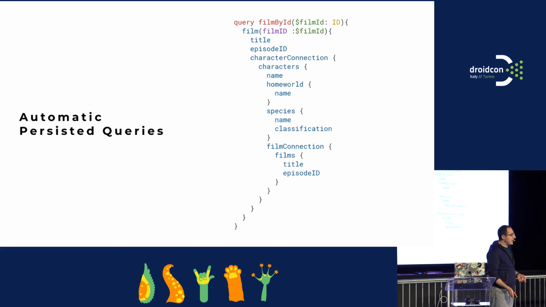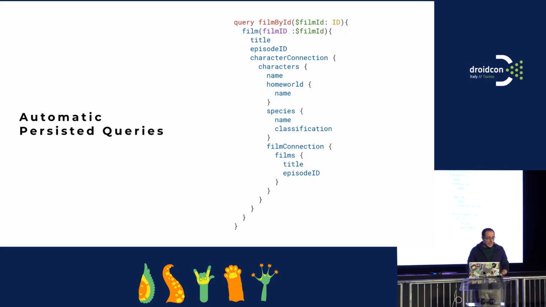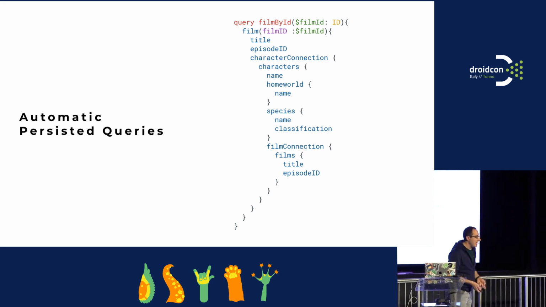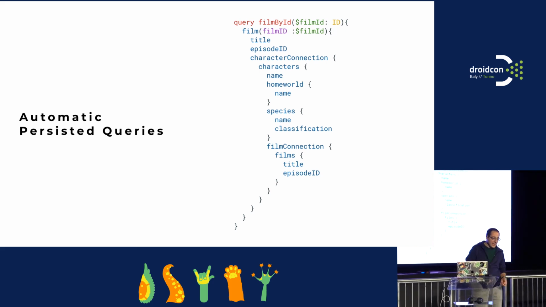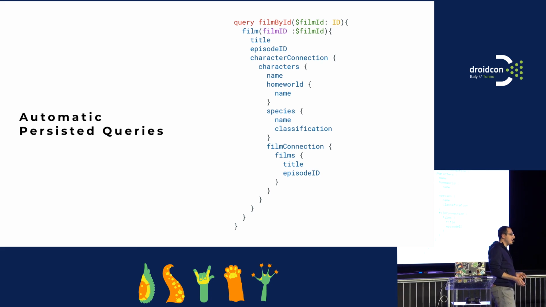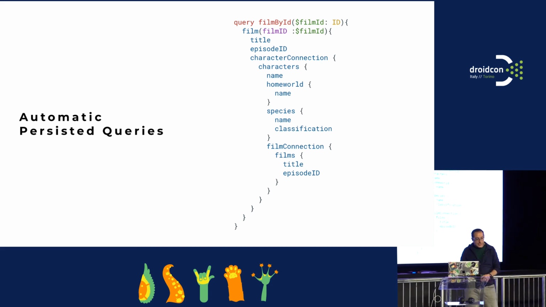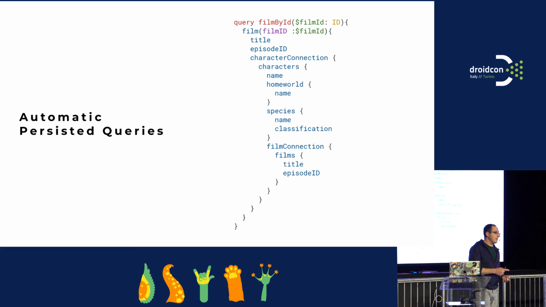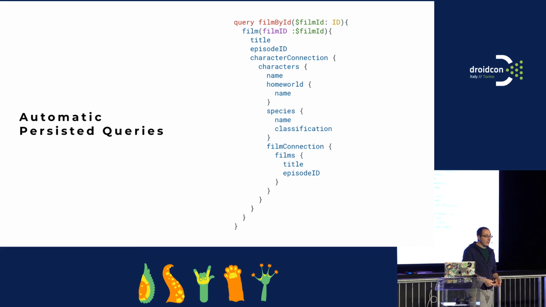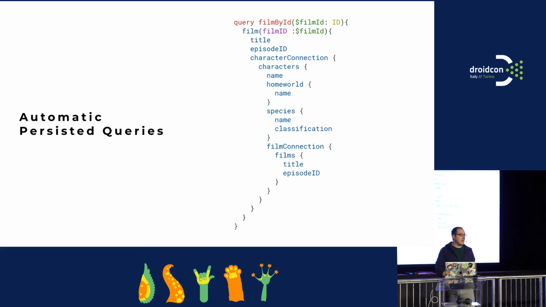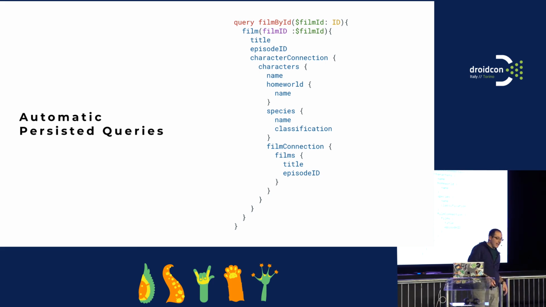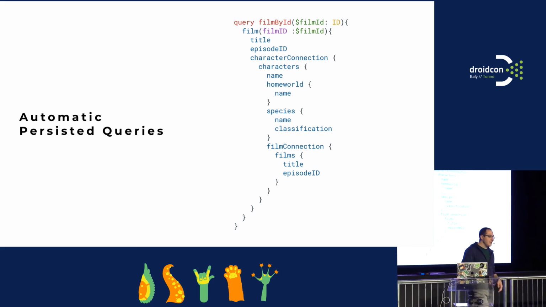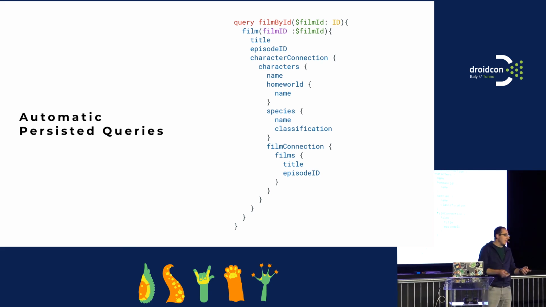What you're getting here in this query is basically the main data related to a movie, all the characters inside these movies, and a bunch of data about these characters, like the name, their homeworld, what species they were, and in what other films they actually appeared.